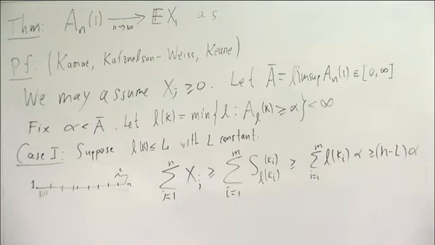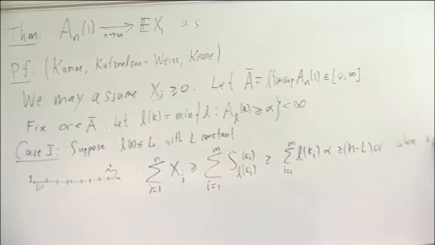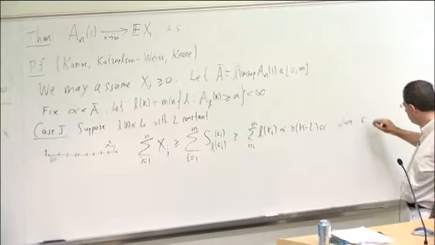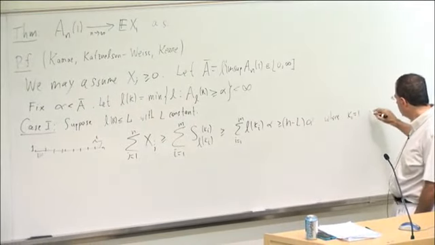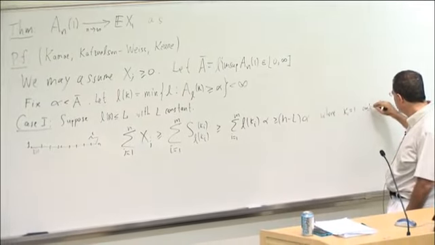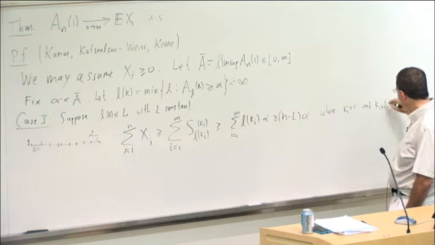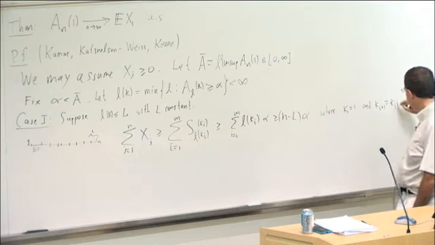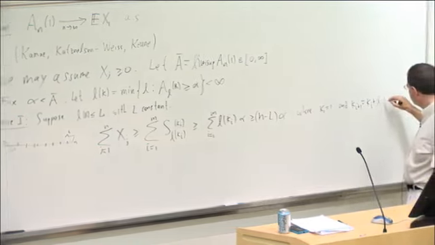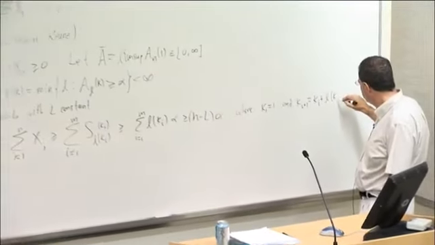And here, each time we choose ki. So we start with k1 is 1, and ki plus 1 will just be ki plus L of ki.